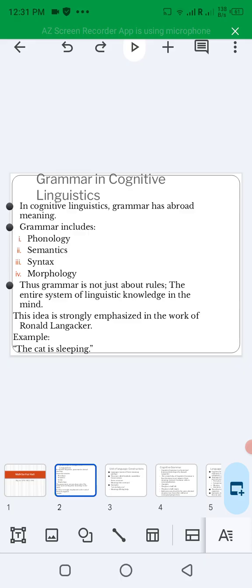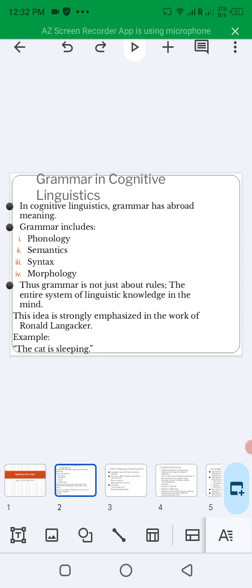Therefore, grammar is not an isolated module but a network of interconnected linguistic knowledge that reflects how speakers actually use language in communication. This idea is strongly emphasized in the work of Ronald Langacker.